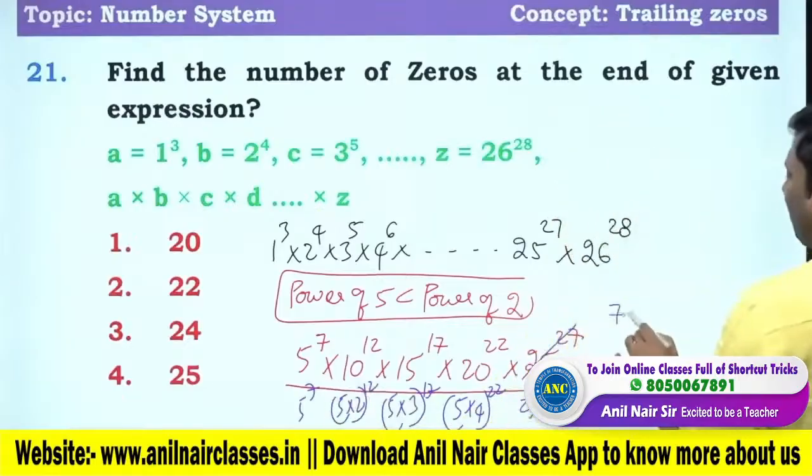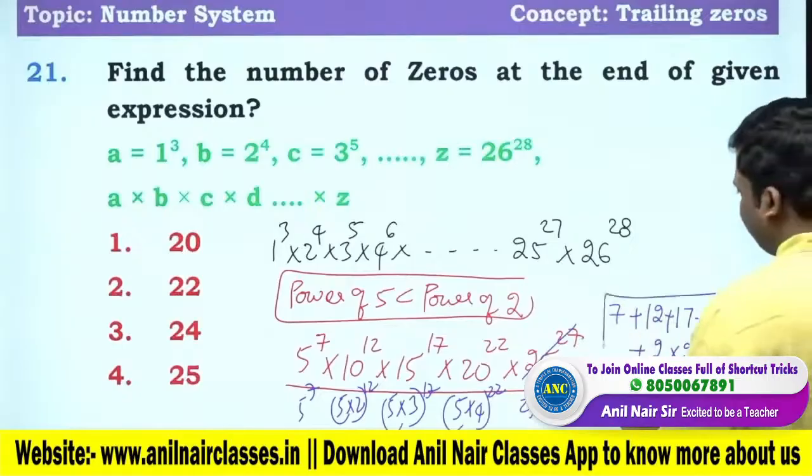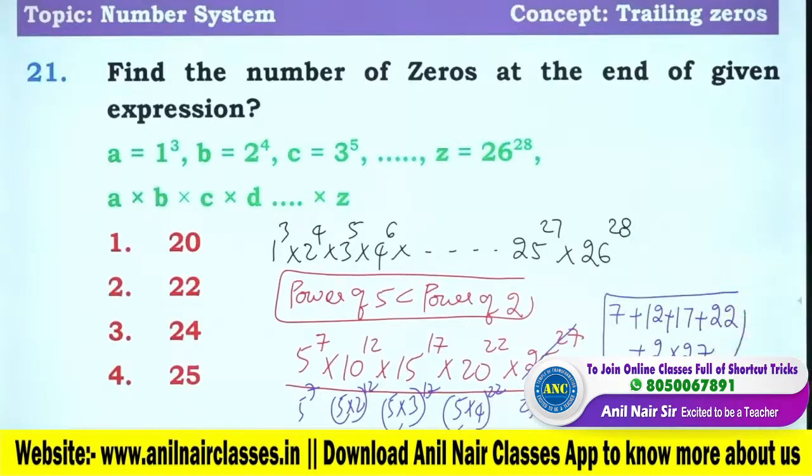So the number of 5s will be 7 plus 12 plus 17 plus 22 plus 2 into 27. This is the number of 5s at the end. 54 plus 22, 39, 51, 58.